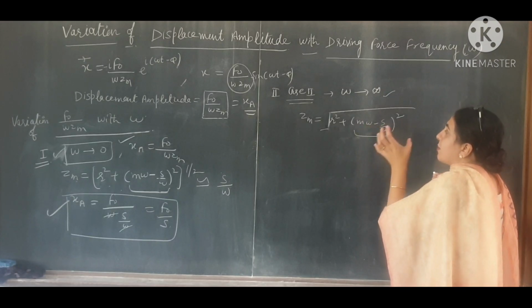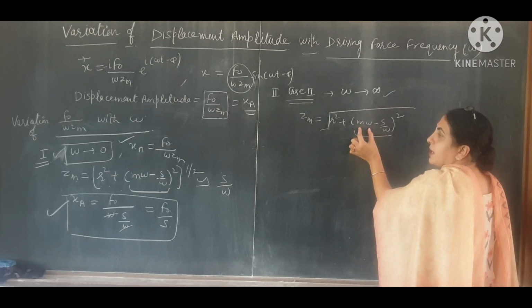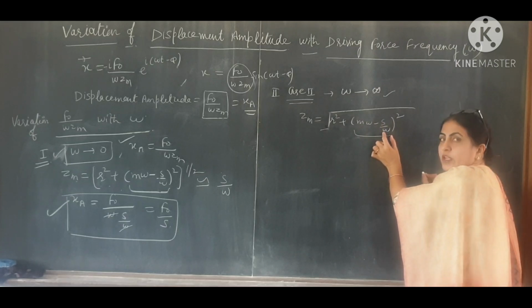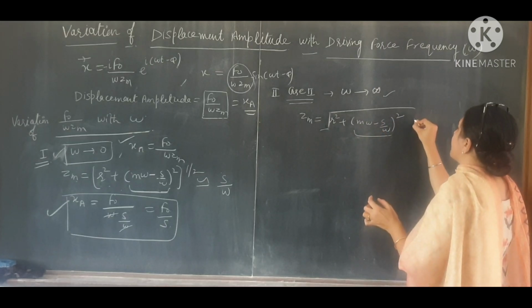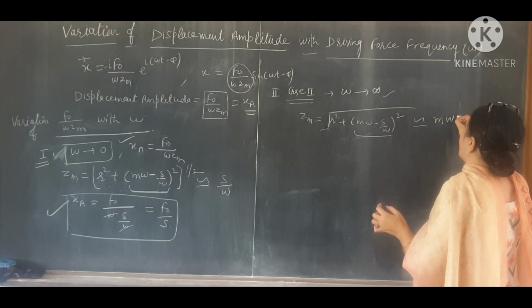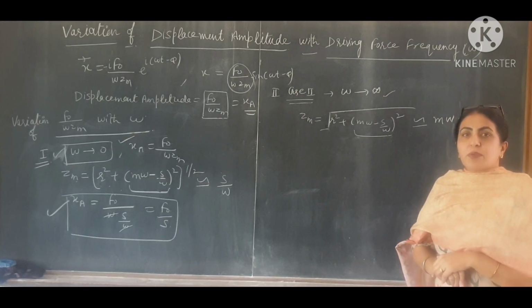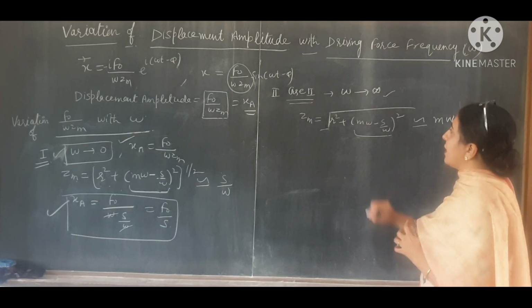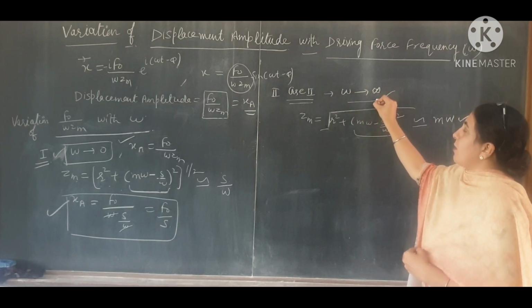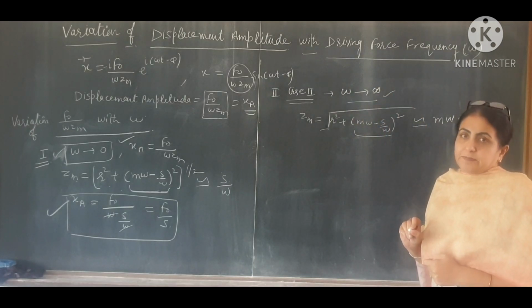So which term is dominating here? M omega dominates over s over omega. Pay attention, so this is approximately equal to m omega when omega approaches infinity.